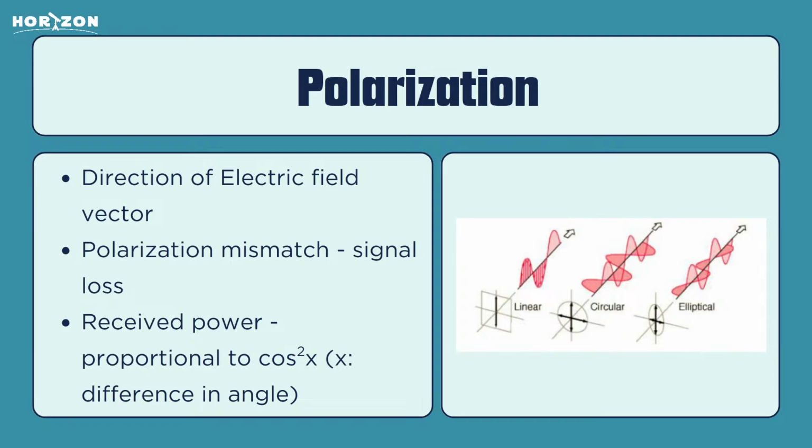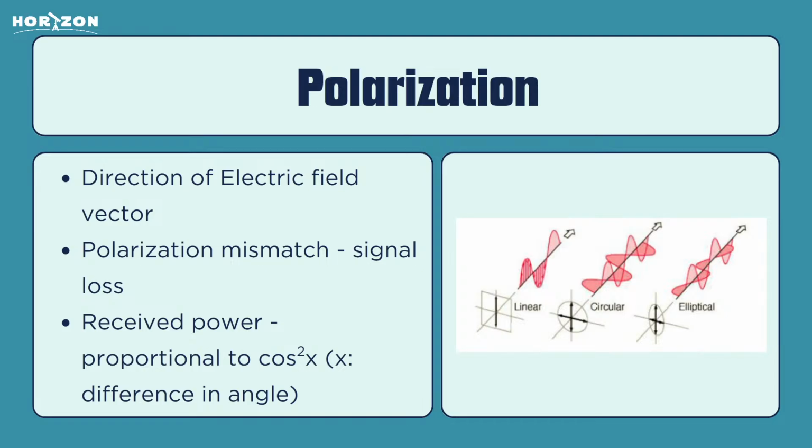Matching the polarization is necessary for reducing signal loss since the received power is directly proportional to cos squared x, where x is the angle between the polarization of the antenna and the polarization of the wave.